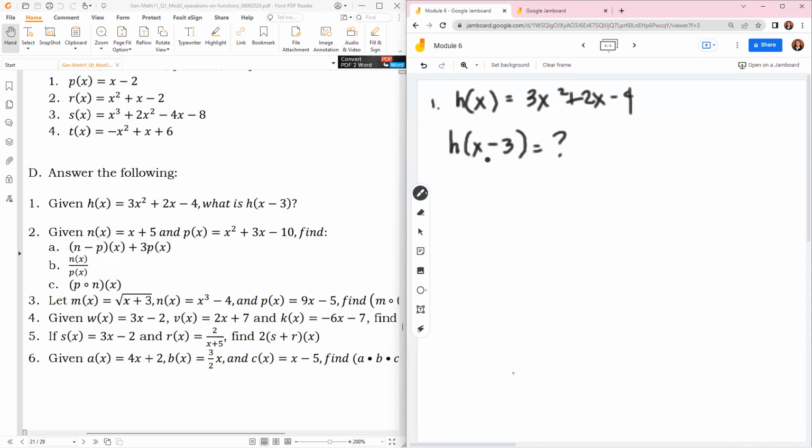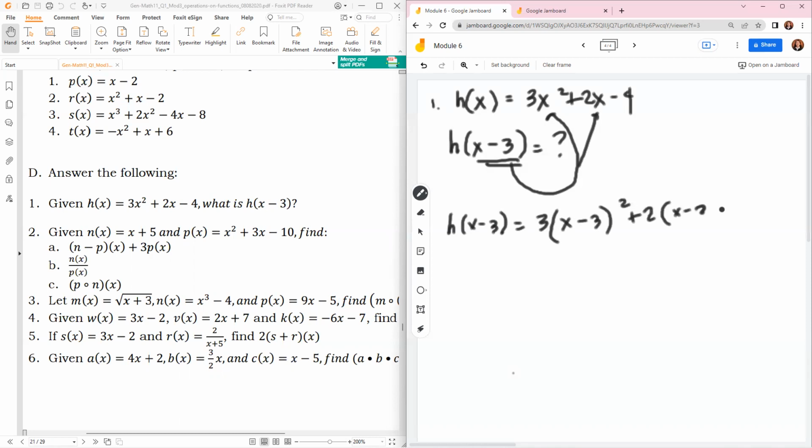Ato na siya i-substitute sa sulod sa parenthesis, sa ato ang mga x. So, how does that look like? So, ato h(x minus 3) would look like 3(x minus 3) squared plus 2(x minus 3) minus 4.